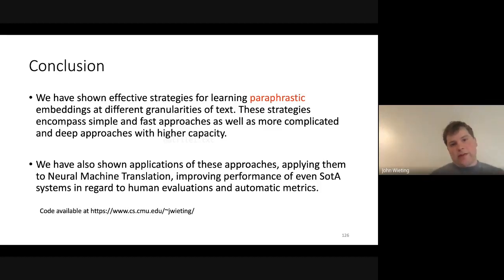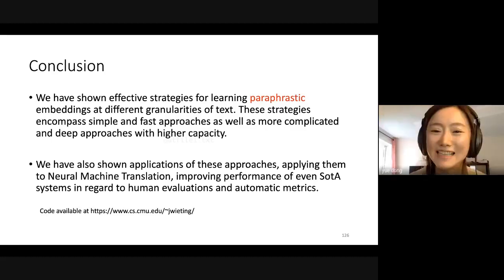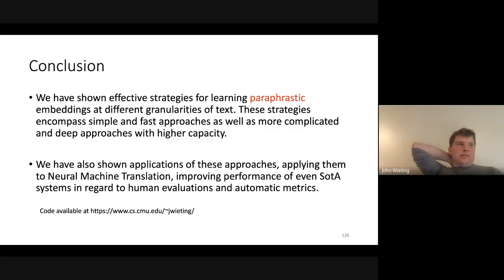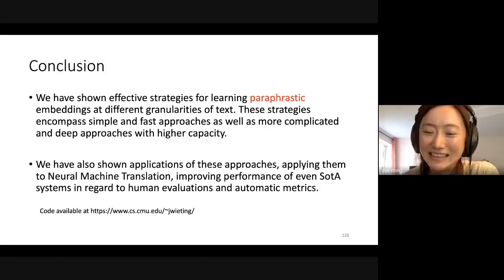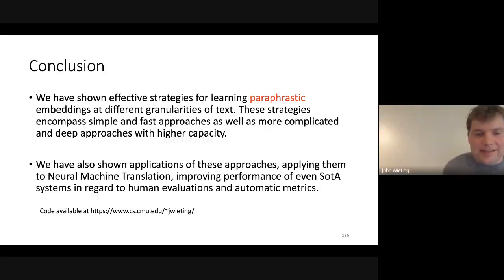Removing that step was something I was more interested in doing. Oh, I see, so more like an end-to-end model in this case. Yeah, more end-to-end, and being able to set some parameters for how much diversity you want. I think that's a good idea. Okay, thanks a lot. Yeah, thank you.